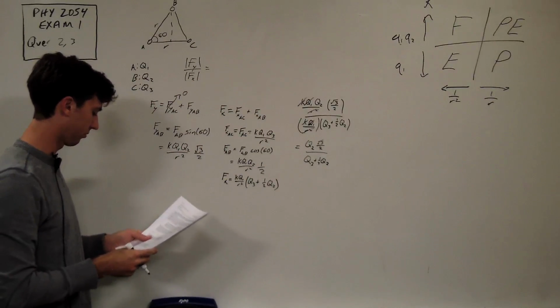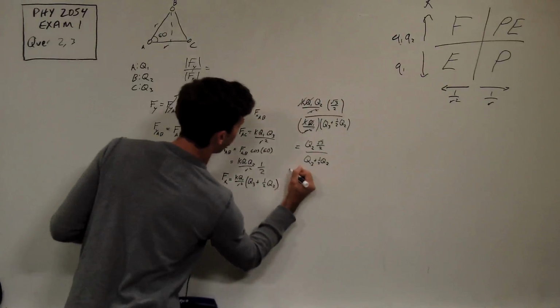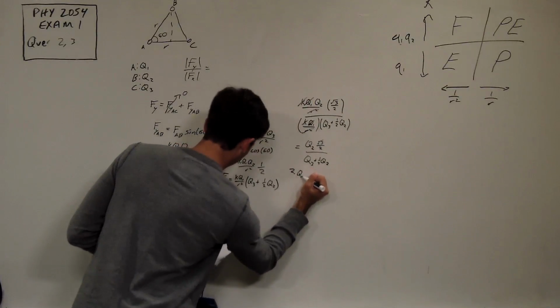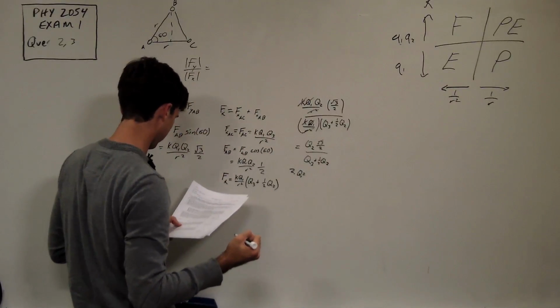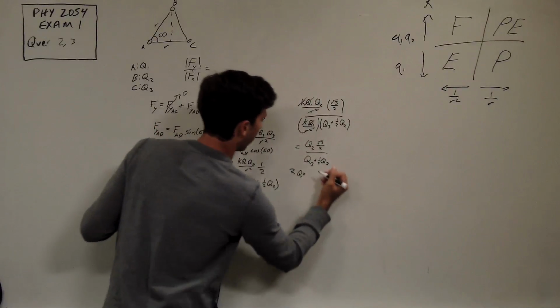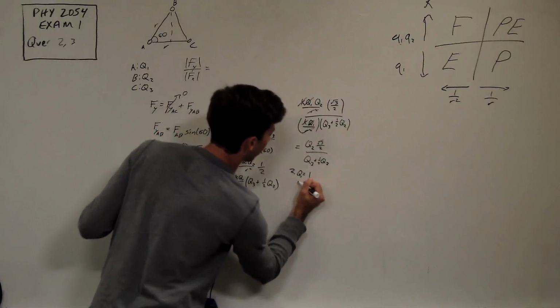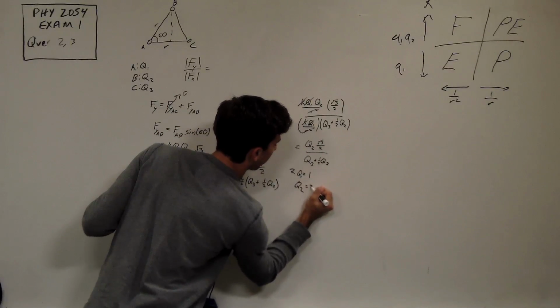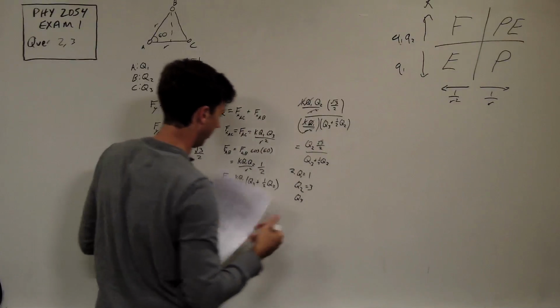So for problem 2, Q1 is 1, Q2 is 3, and Q3 is 2.